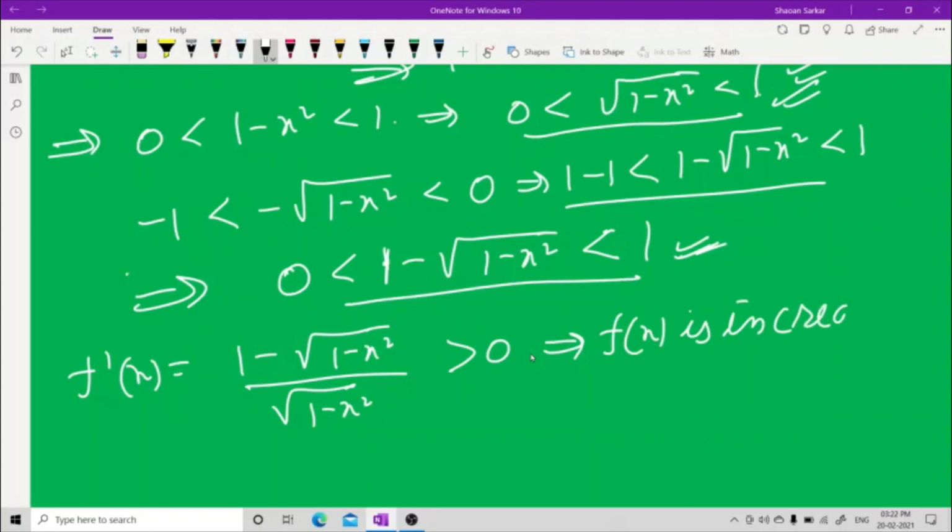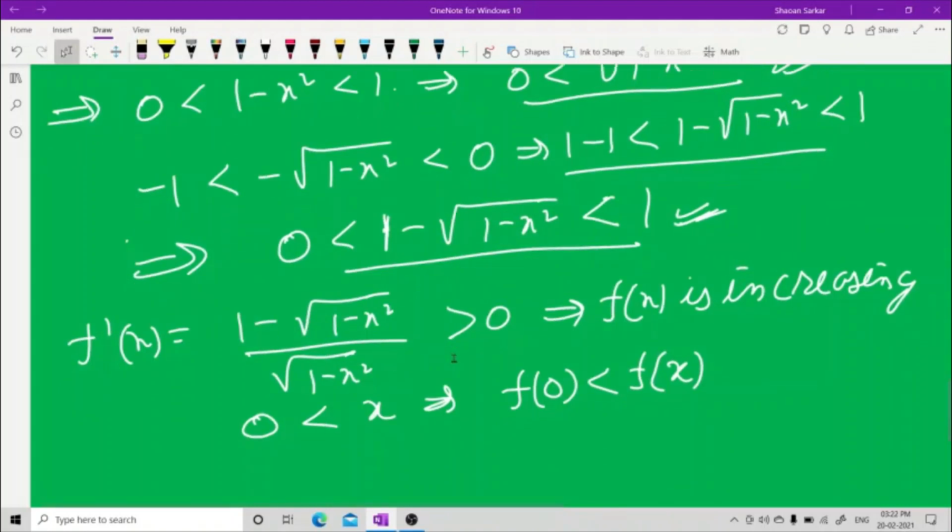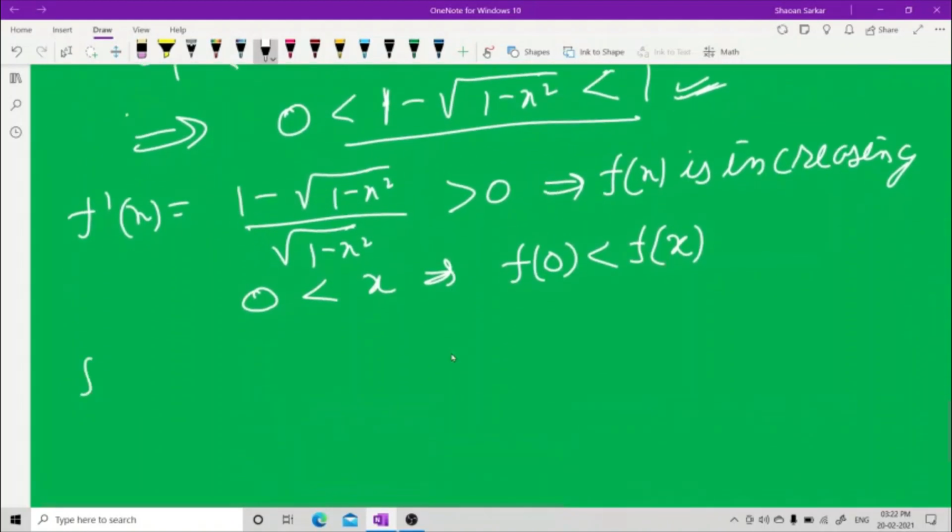f of x is increasing. Therefore, suppose I choose 0 less than x. So this implies f of 0 is less than f of x. Now what was f of x? f of x was sine inverse x minus x.